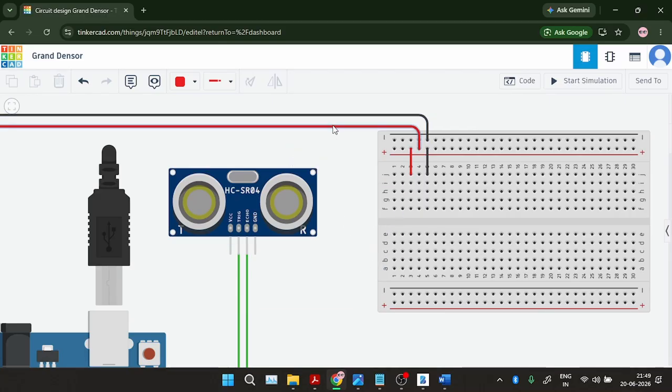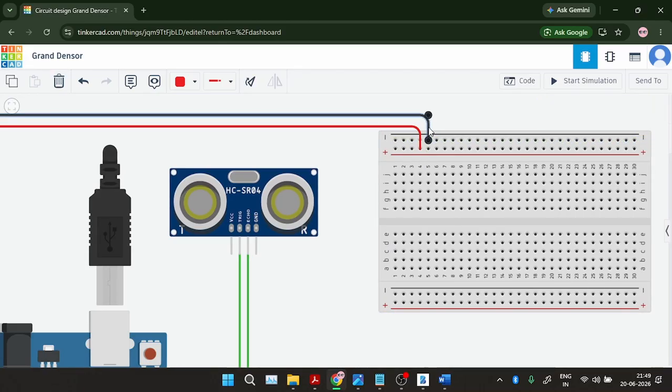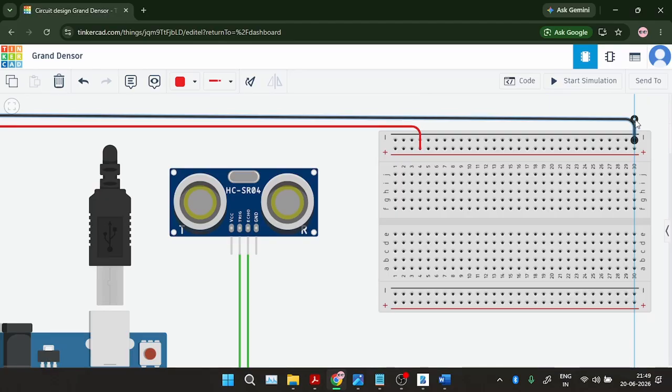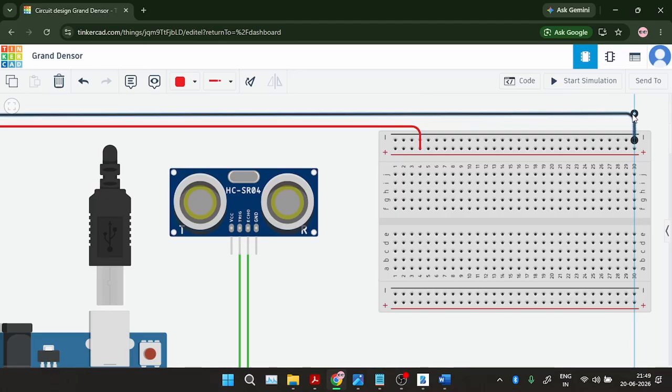So I will just delete this line. I can delete this line, even this also. And what I'm going to do is move this to here, to the last pin. Same for this one also.